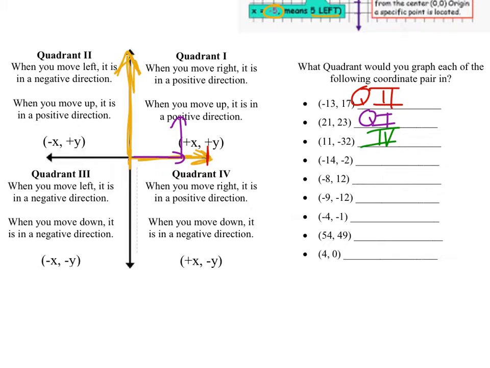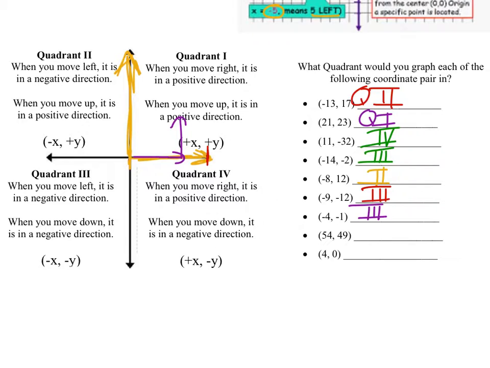That's quadrant 3. Nice. What about negative 8, 12? That's quadrant 2. What about negative 9, negative 12? That's quadrant 3, very nice. What about negative 4, negative 1? Quadrant 3, very good.